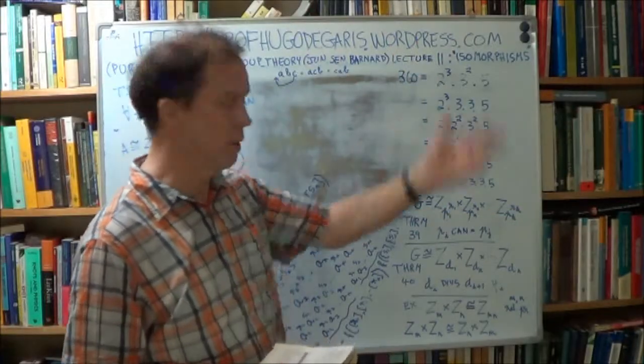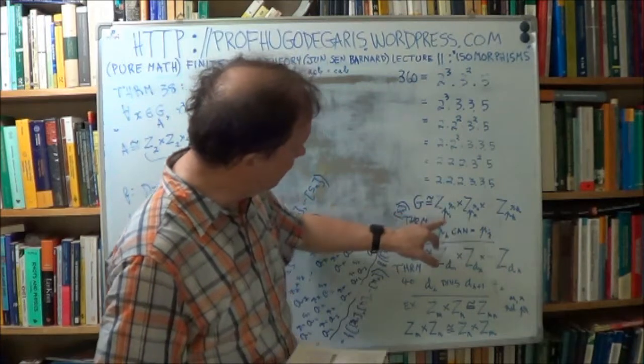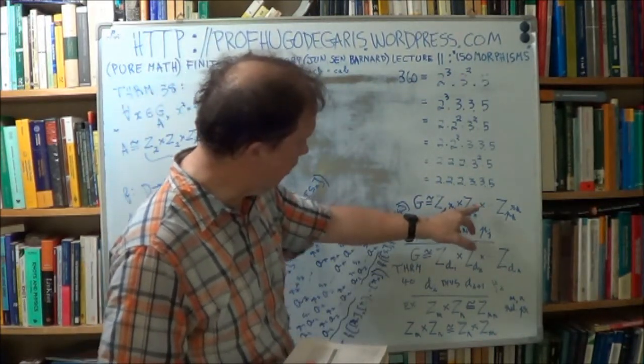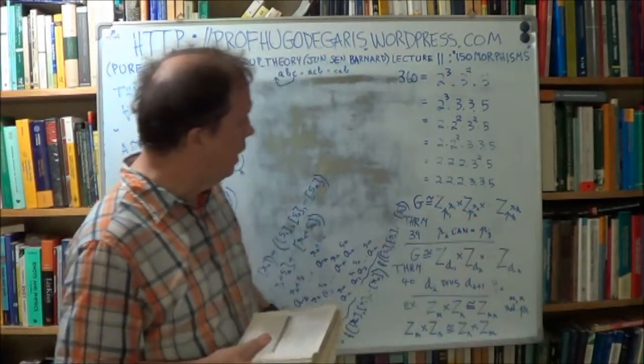Integers, they're just powers. So p1^r1, that's just a power of a prime. Okay? So again, a power of a prime and so on.